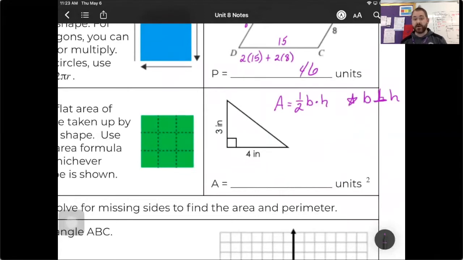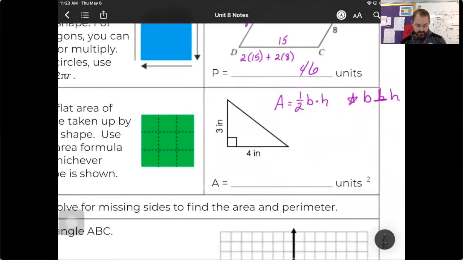So for a right triangle like this, the base can just be that side of the triangle, 4. That could be your base. Which would make the height, this other segment perpendicular to that, the side 3. That's your height in a right triangle. Now, I want you to make note of this.